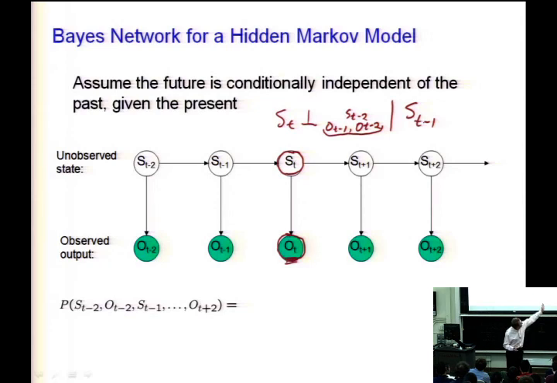Is there anything else? No, I got the whole thing. Everything else is a descendant, either an immediate child or a grandchild or a great-grandchild. So our rule does not imply necessarily that those are conditionally independent.